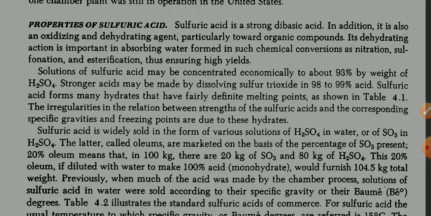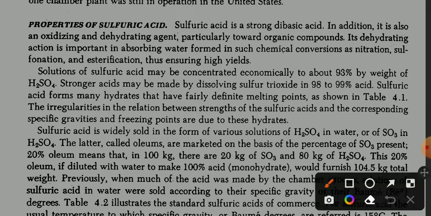This is one part. Now the second one: solution of sulfuric acid may be concentrated economically to about 93 percent by weight of H2SO4. Which one? 93 percent by weight of H2SO4.